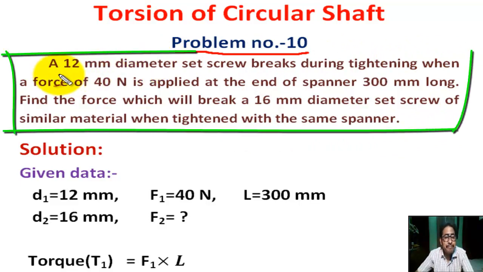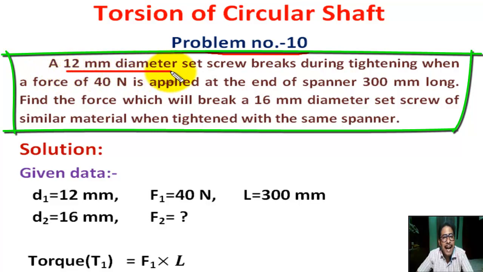In this problem, a 12 millimeter diameter set screw breaks during tightening when a force of 40 Newton is applied at the end of a spanner range, that means range 300 millimeter long.